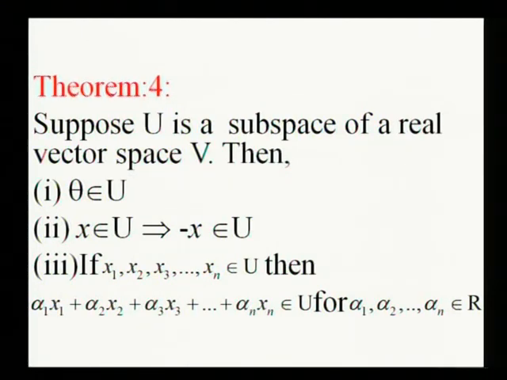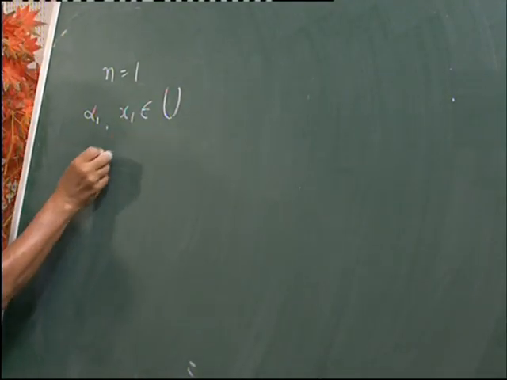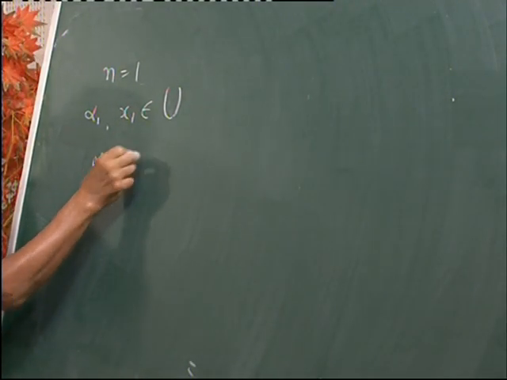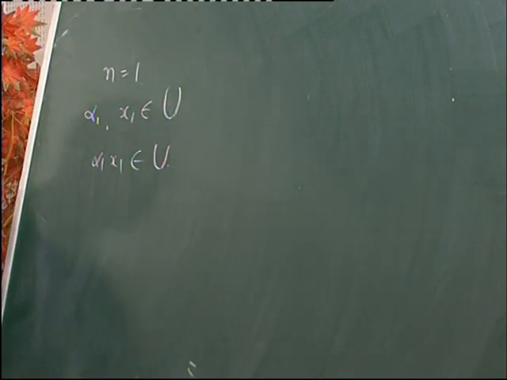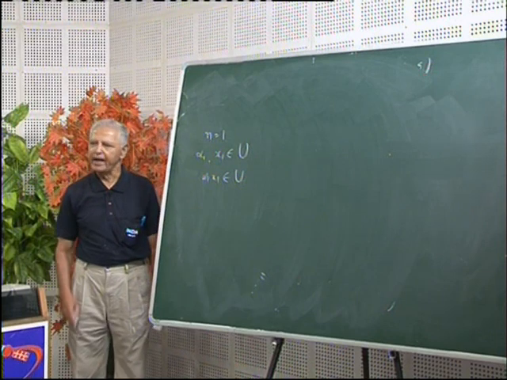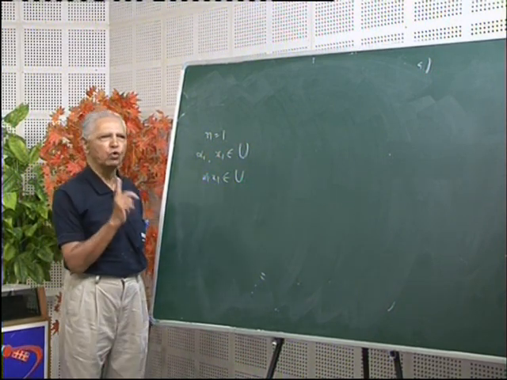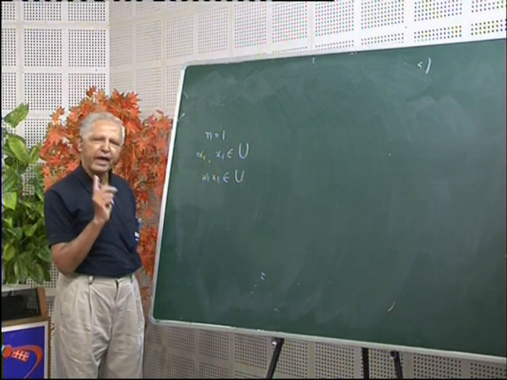So, we start with n equal to 1. Then we know that if alpha 1 is any scalar and x1 is any vector belonging to U, then U being a vector space, alpha 1 x1 belongs to U. That means the theorem is true for n equal to 1. Now, let us assume that the theorem is true for n equal to k.